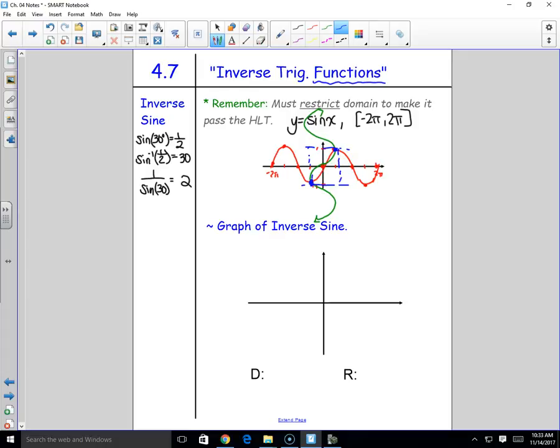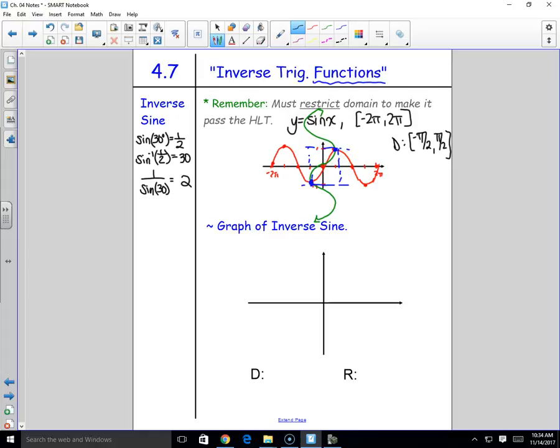So long story short, on the original sine, we have to cut the domain to be between negative pi over 2 and pi over 2. So whenever you ask your calculator to solve for sine inverse of any number, it will only give you between negative 90 and 90 if you're in degrees, or between negative pi over 2 and pi over 2 in radians.